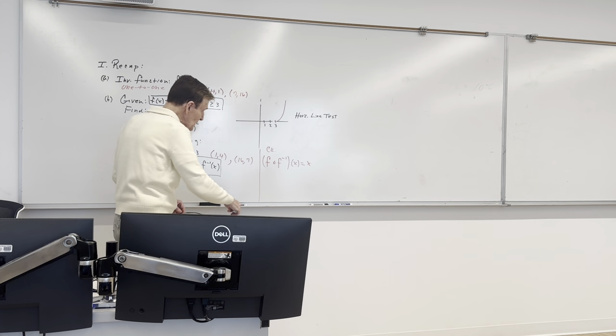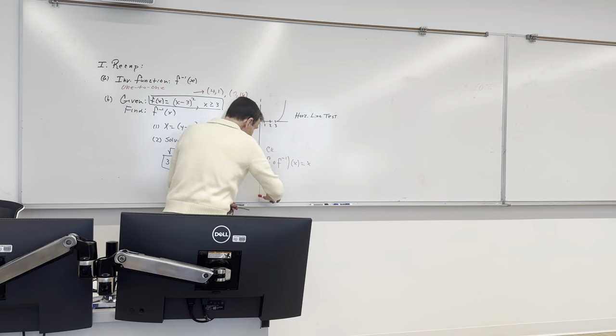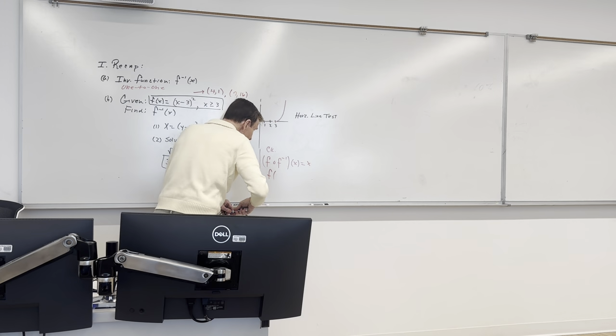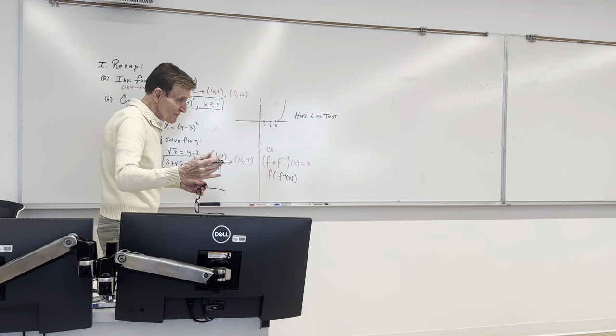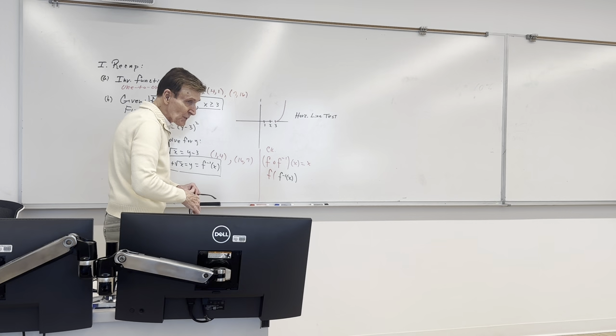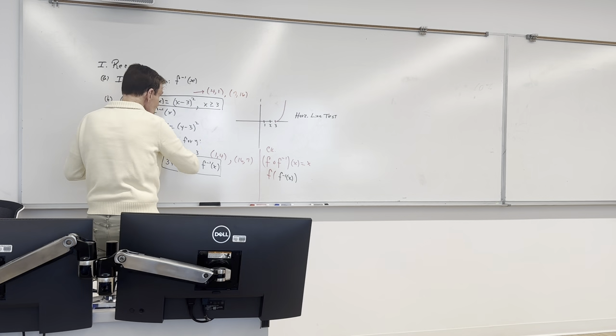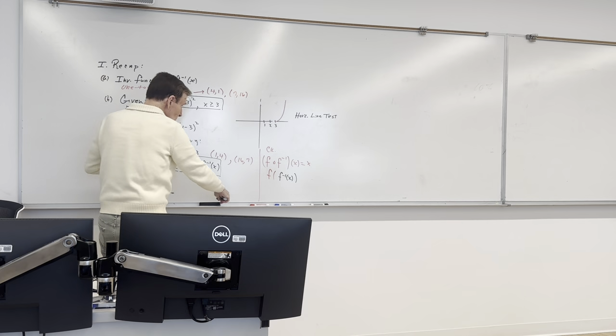Here we go. We know what this means. F of the inverse, which is this. Which means go to the F function up here, and replace it with the inverse.